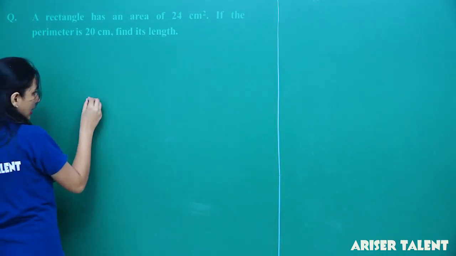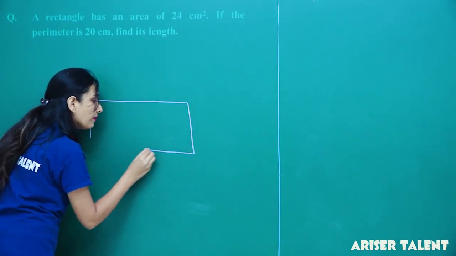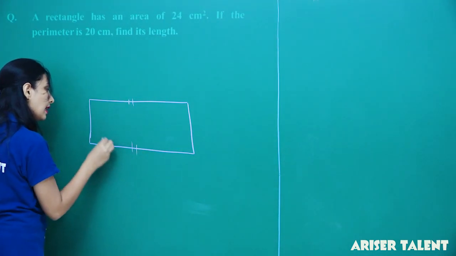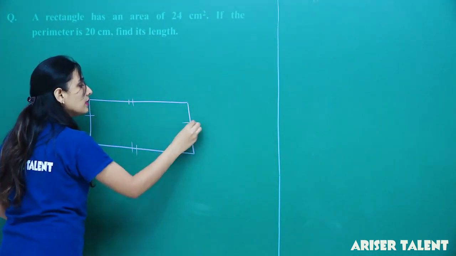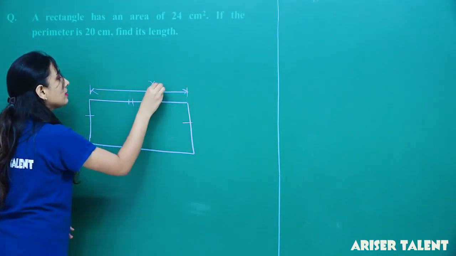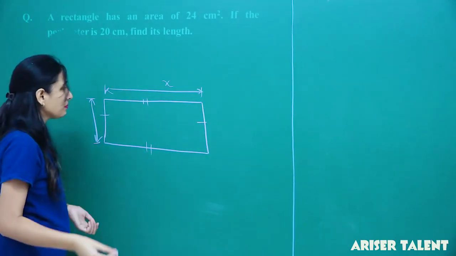What is a rectangle? A rectangle is a quadrilateral having 4 sides. This side equals this side and this side equals this side. So it's having some length. Let's suppose this is x. So this will be something other than x, right? Okay.